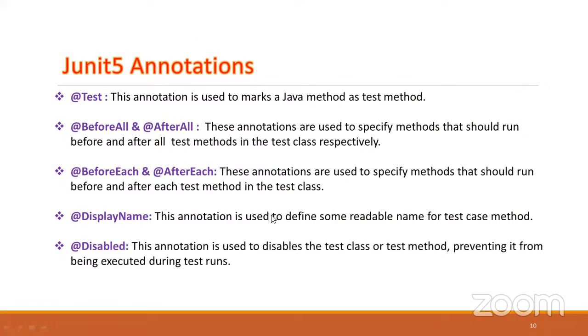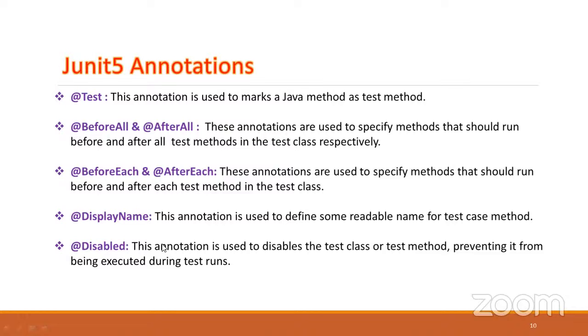And the @Disabled annotation, sir. The @Disabled annotation is used for disabling temporarily. Whenever you want to disable the test class or the test method, you can prevent it from execution during the test runs. Understand, sir?